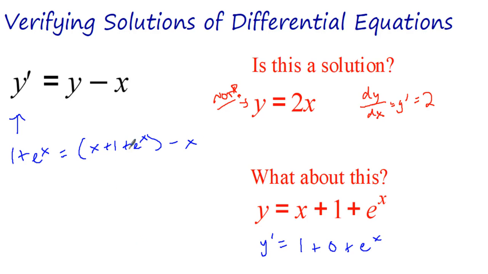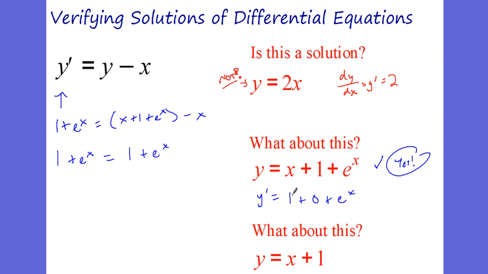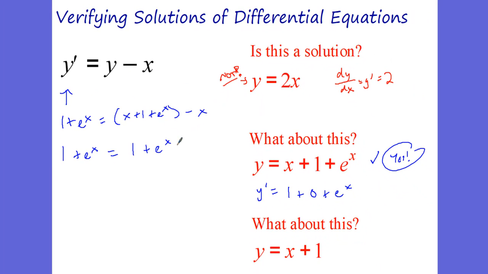So what's x plus 1 plus e to the x minus x? Well, the two x's cancel out, and we're left with 1 plus e to the x. Ding, ding, ding! This works. Yes, this is a solution for my differential equation, because when we took the derivative and plugged everything in, they equaled each other.